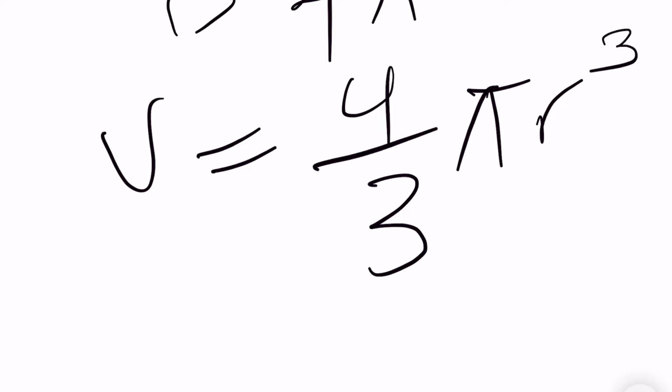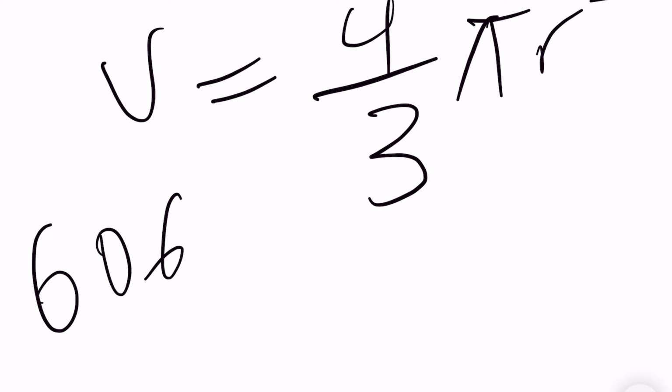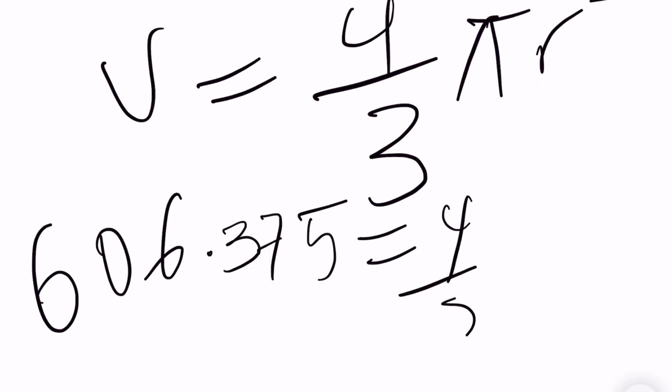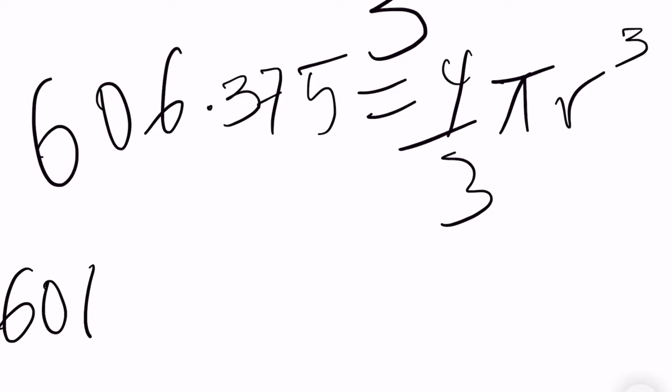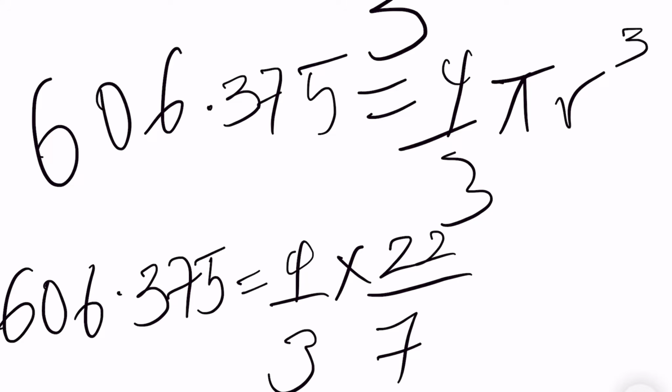So we have our volume, 606.375, equals 4/3 pi r cube. So 606.375 is 4/3 times 22/7 times r cube.